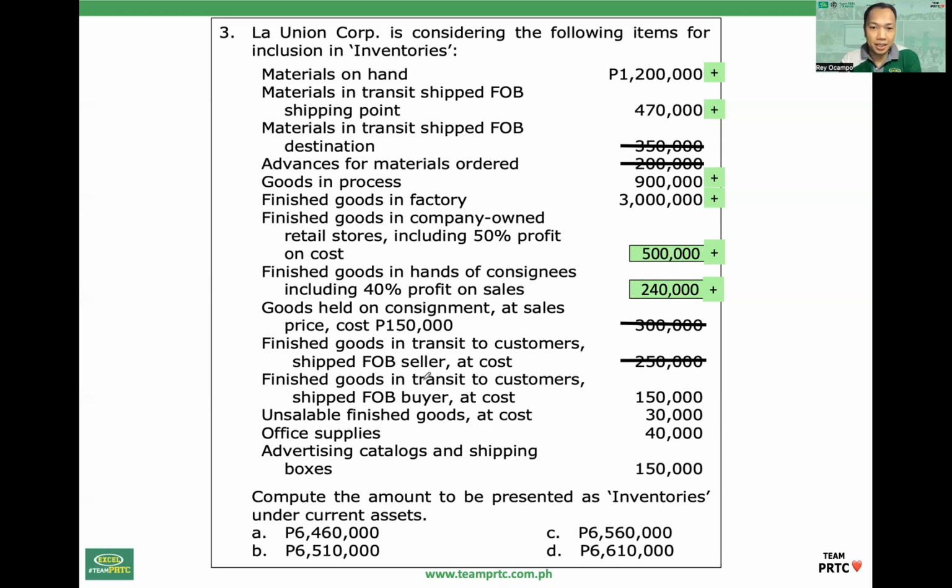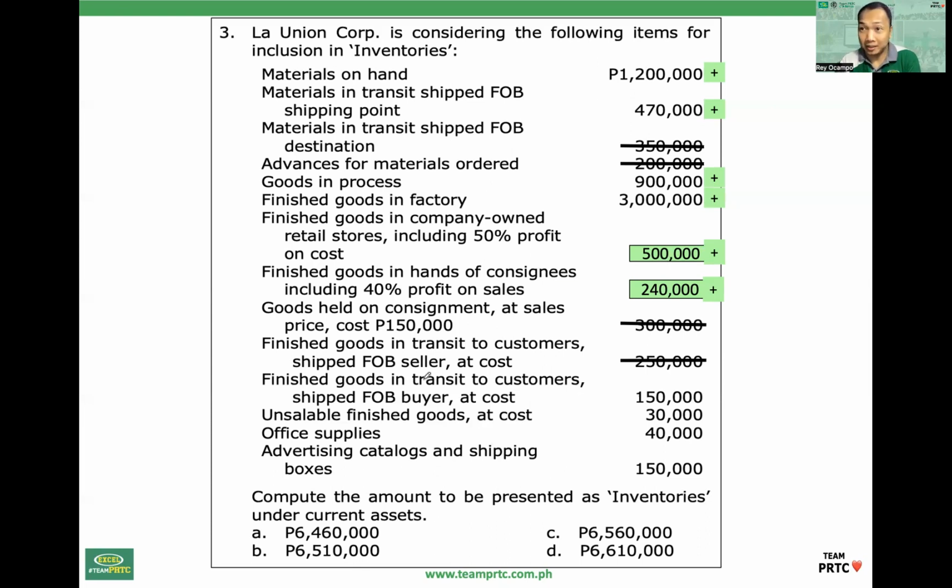Okay, finished goods in transit to customers. Terms, FOB buyer. Of course, if FOB seller is shipping point, FOB buyer is FOB destination, because it is free on board up to the buyer's place. So who is the owner while in transit?